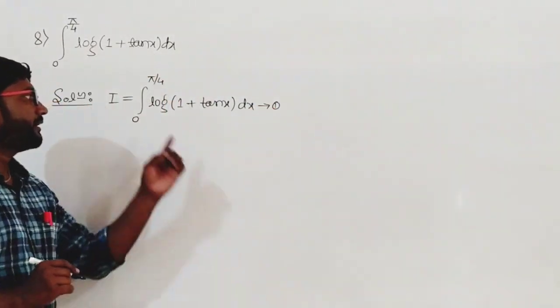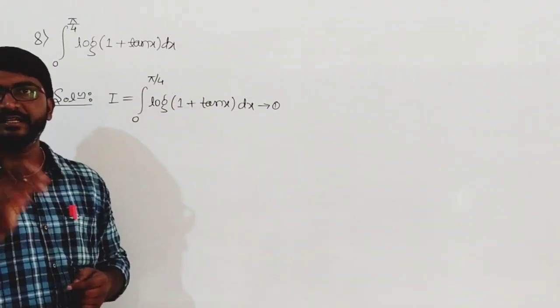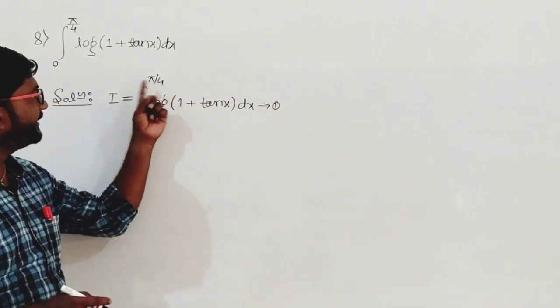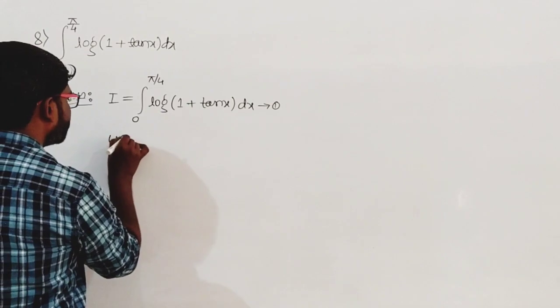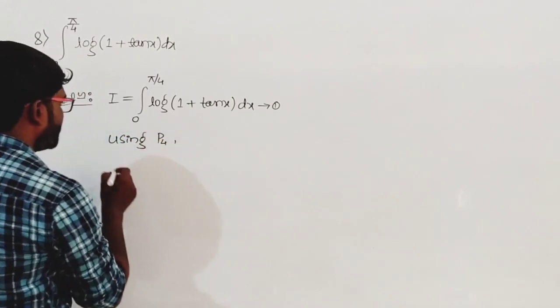So here we have to make use of P4. It is integral 0 to a f of x dx can be written as integral 0 to a f of (a minus x) dx. So here the value of a is pi by 4. So using P4, what do we get now?